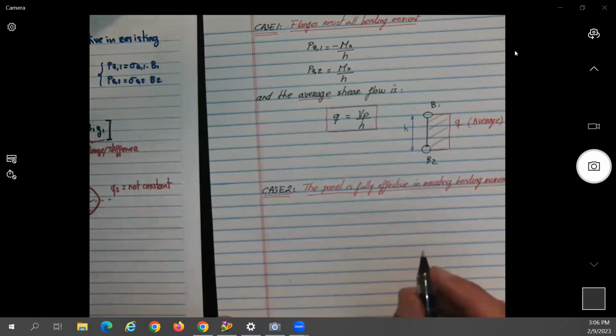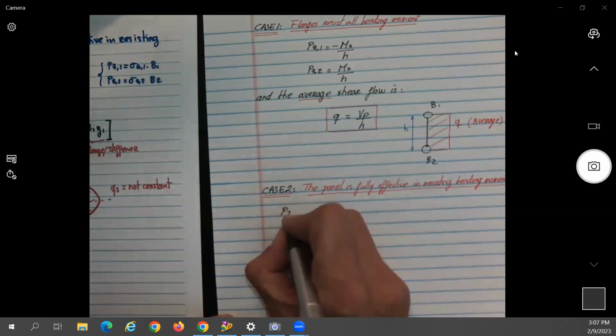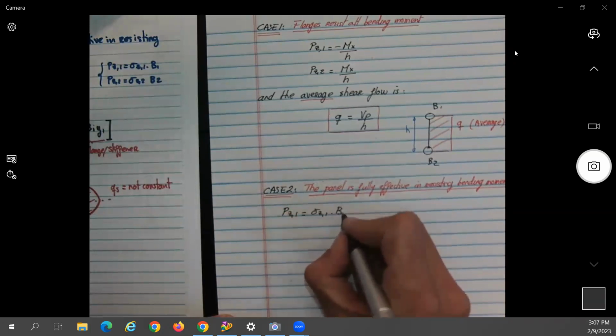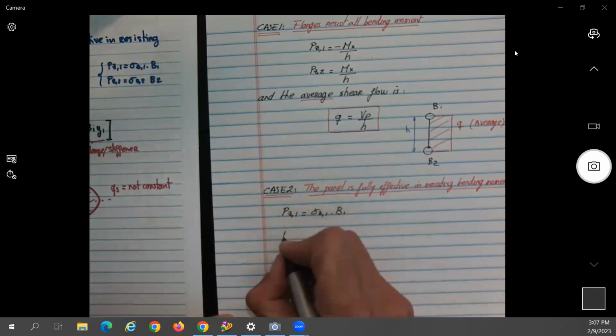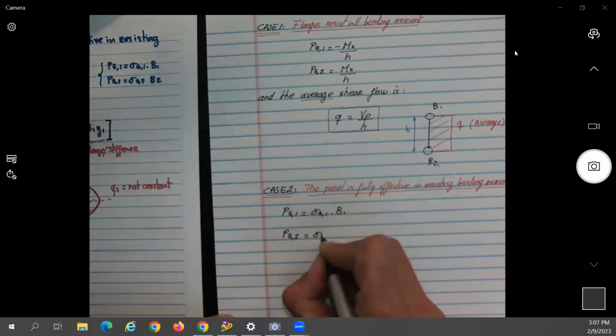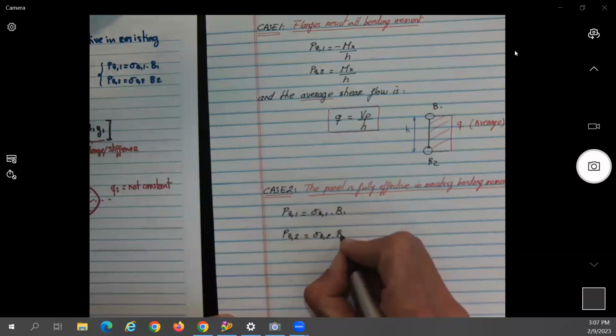Okay, so in that case, if you remember, we wrote P_Z1 is equal to sigma Z1 times P sub 1, and P_Z2 equals sigma Z2 times P sub 2.